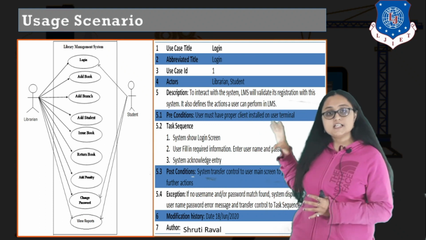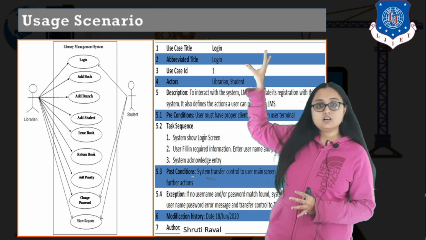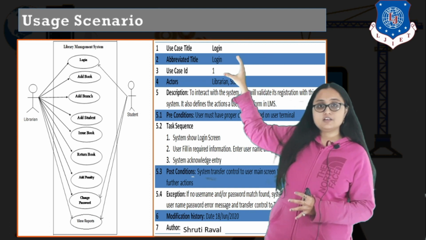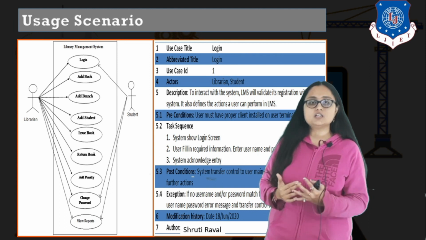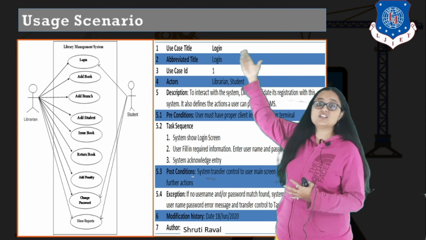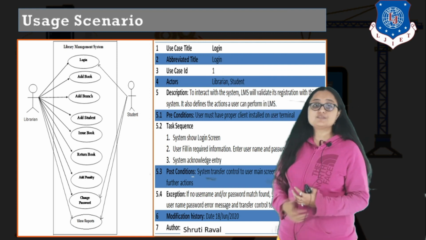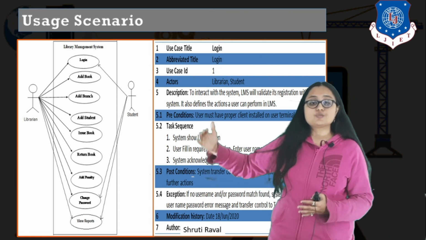The next is the sequence of steps that you have to perform while the user is interacting with this use case. It means while a student or librarian logs into your system and this login functionality is being executed, what is the task sequence that is to be followed?